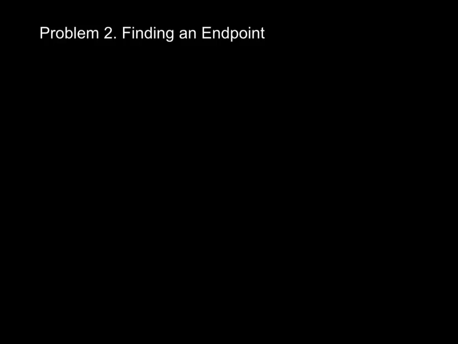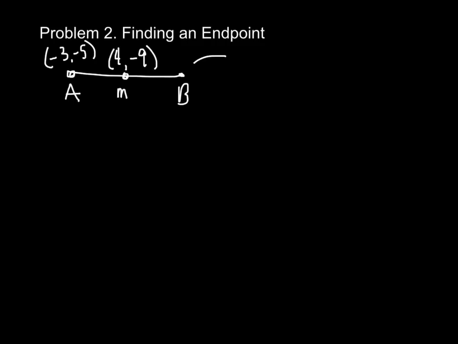Endpoint A has coordinates -3, -5. What is the coordinate of B? Basically what it's asking you is you have a segment AB and the midpoint, which is here. We know the midpoint is 4, -9. A is -3, -5. So it's asking, what is the coordinate of B?